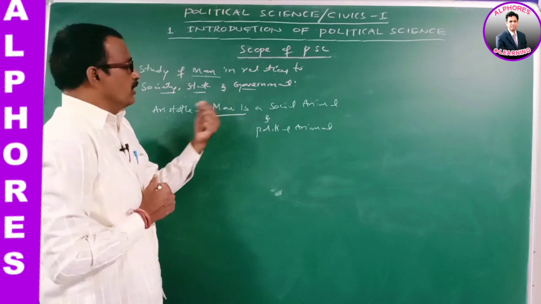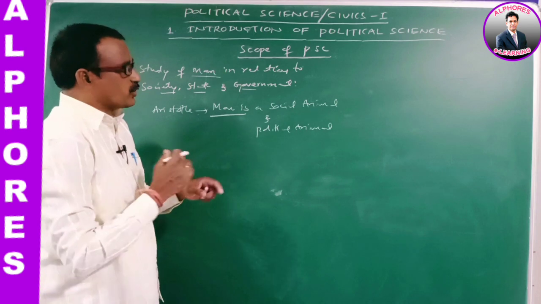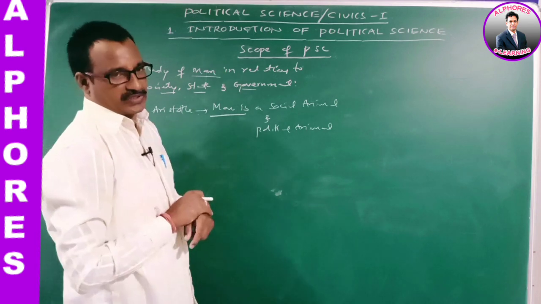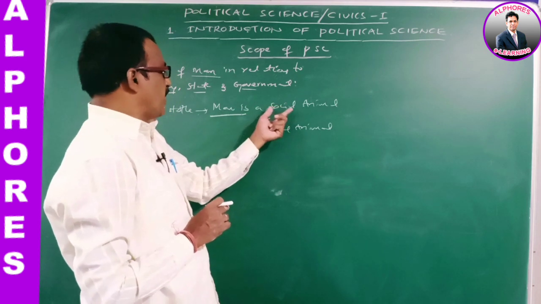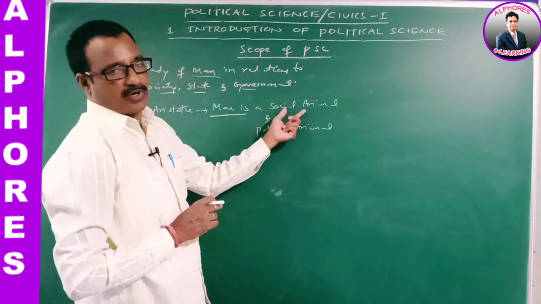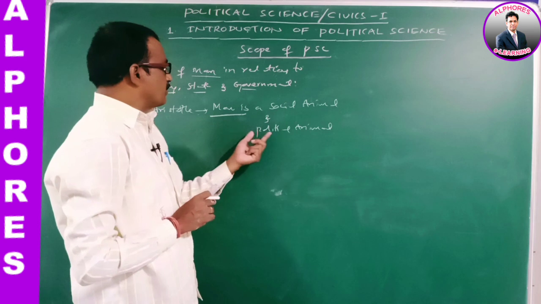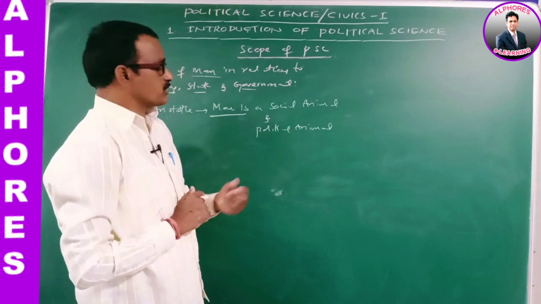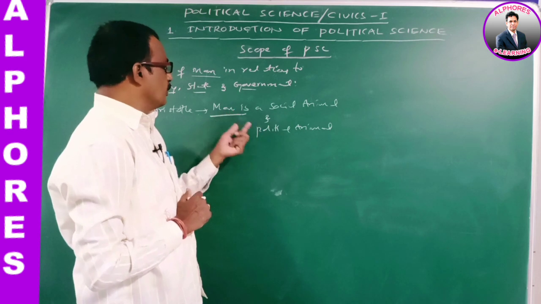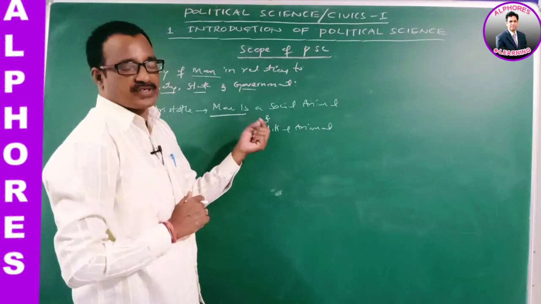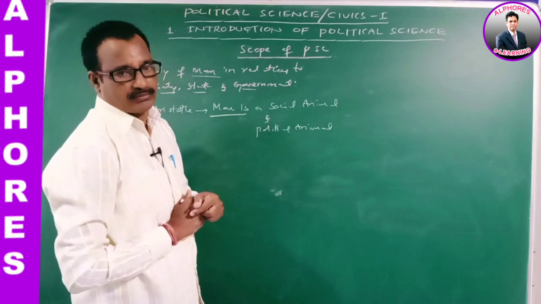He must live in the society with the coexistence of his fellow beings. Hence, man is called as a social animal. And he also said that man is a political animal because as a member of the state, it is the duty of the man to participate in the political affairs of the state directly or indirectly.